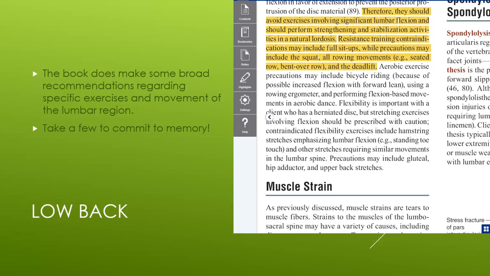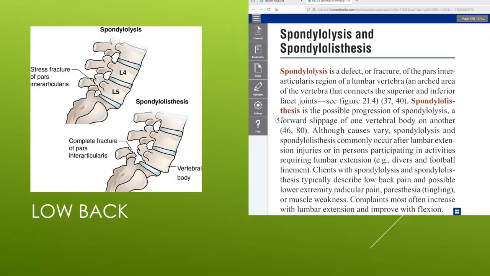With some people, putting a bar on their shoulders, adding that compressive force to their spine and asking them to do a squat, forget it. There's no way. You may have to re-educate them on how to do a freestanding squat without any load. What you see here to the right, I would definitely take a few minutes to pause me and commit that to memory for your future use.